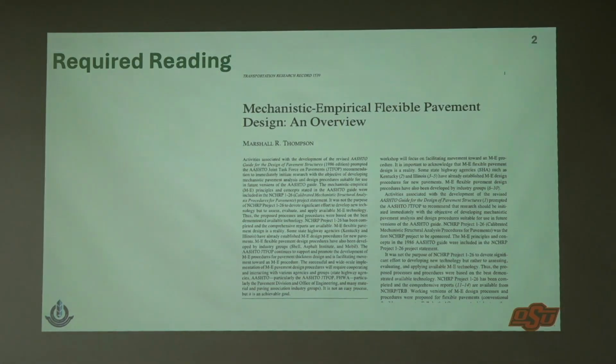It covers the overview, what we should watch out for, what mechanistic-empirical is, and what the framework is. It's written from a pavement design point of view. The same thing holds for railroads. It's exactly the same: what needs to be watched out for and what needs to be done.